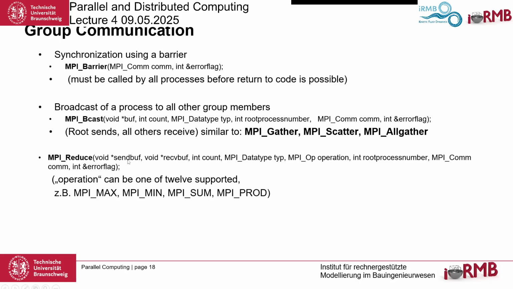There's a send buffer, a receive buffer, count, data type, and then the important thing is the operation. There are operators that you can use on the data. You also specify who's the root process. There are 12 different operations that you can use, and examples.